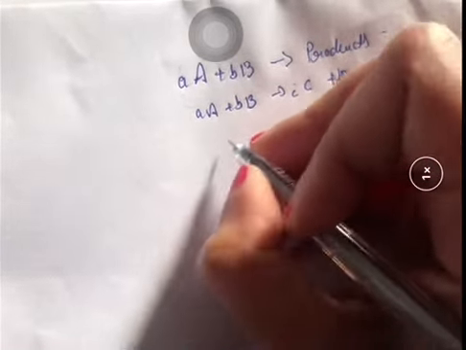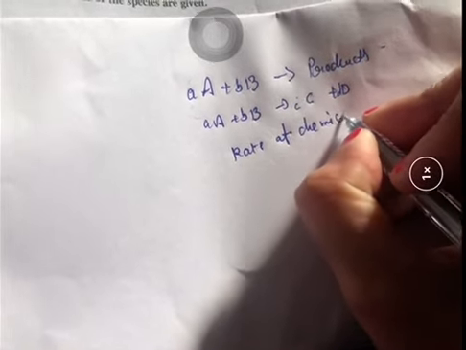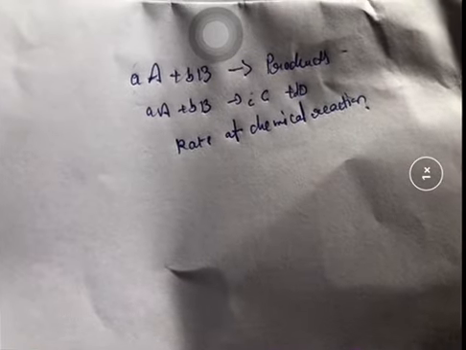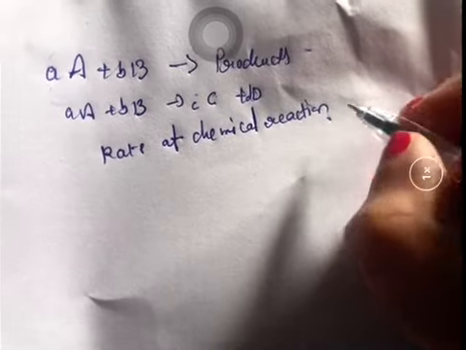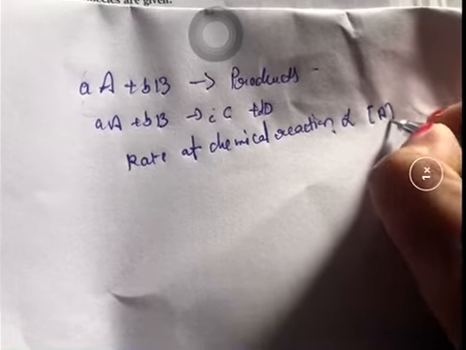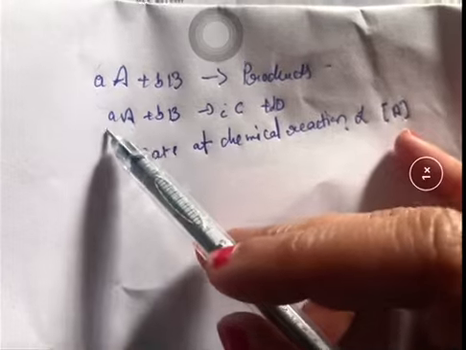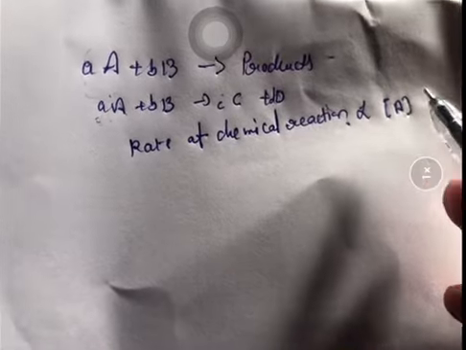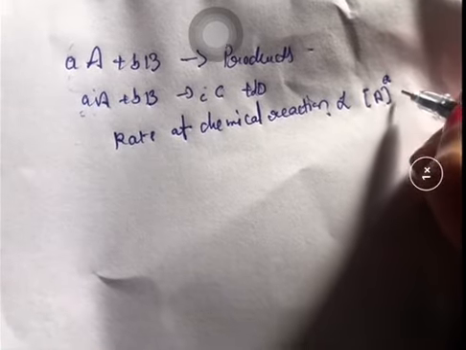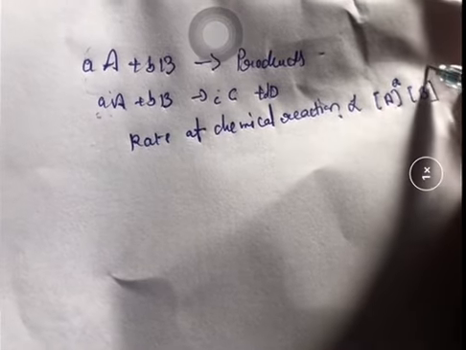The rate of chemical reaction is directly proportional to the product of molar concentration of reactants. This is reactant A, which has some stoichiometric coefficient. Stoichiometric coefficients we always write in the form of the power. And second is for B. I will write it like that.